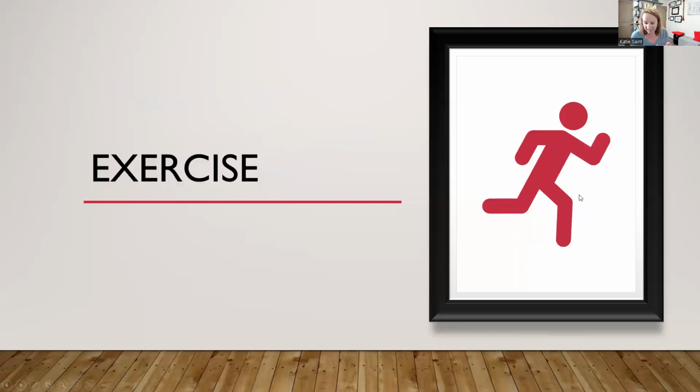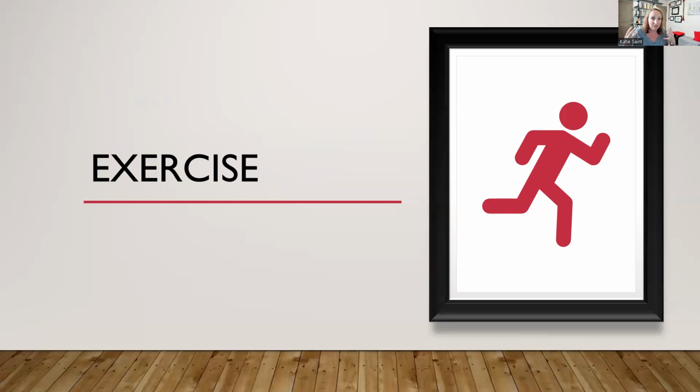So next is exercise. This is actually one I'm really passionate about because the research on exercise is so phenomenal. It really helps our body in so many ways. We recover from illness way faster if we exercise on a regular basis.